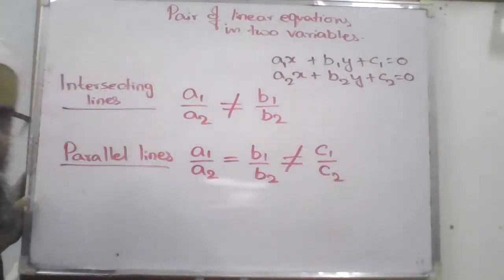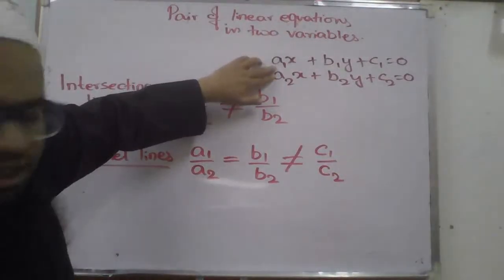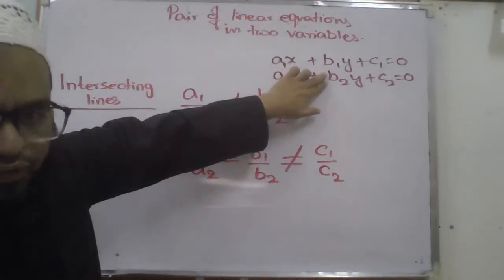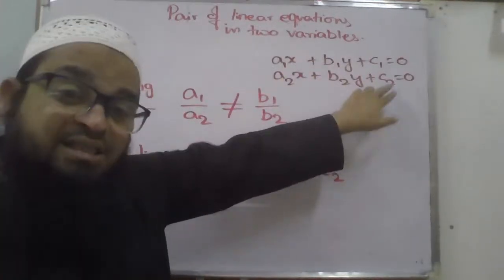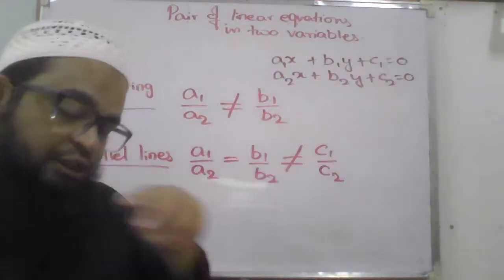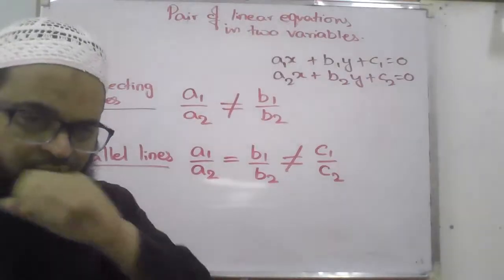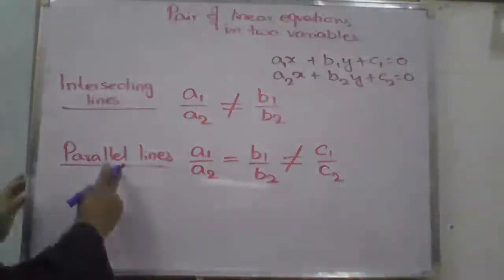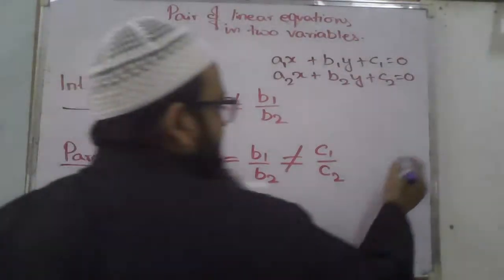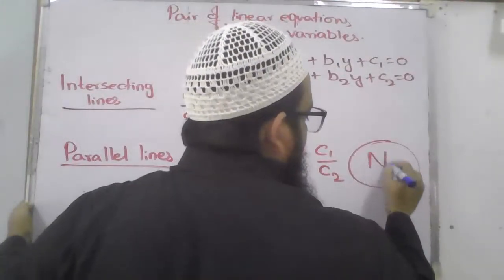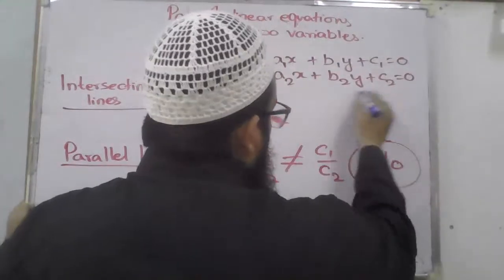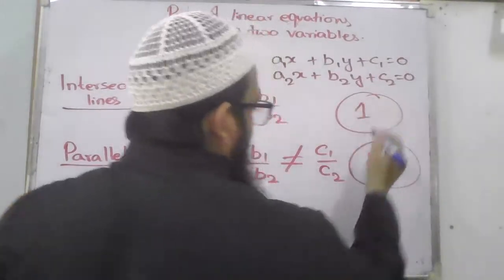That means the ratio of coefficients of x is equal to the ratio of coefficients of y, and is not equal to the ratio of constants. Understood? So they are parallel lines. Parallel lines don't have any solution, and intersecting lines have one solution.